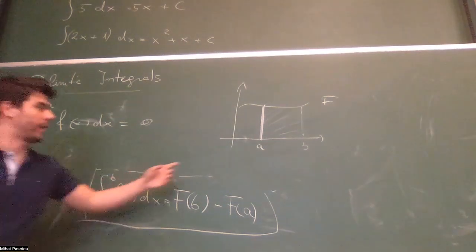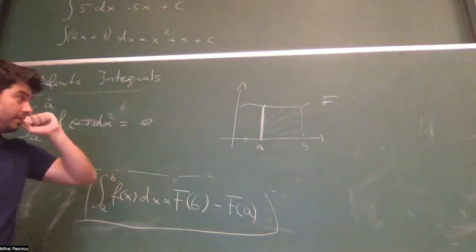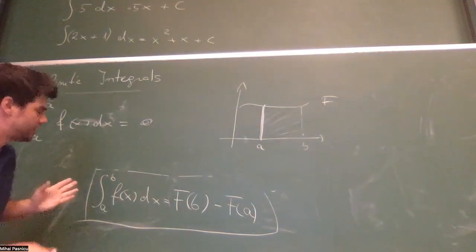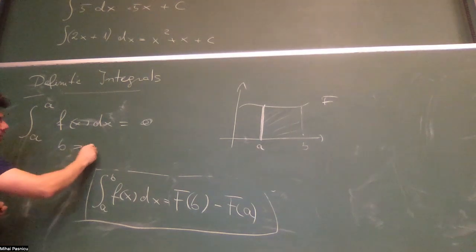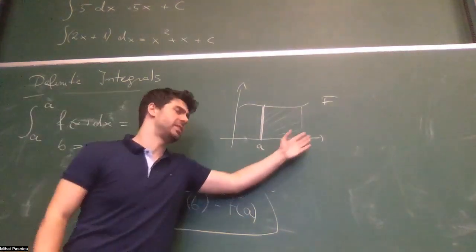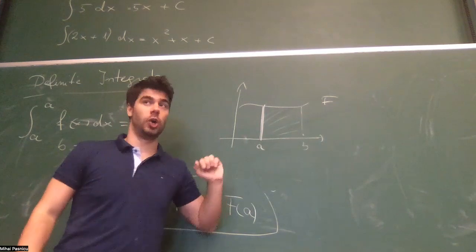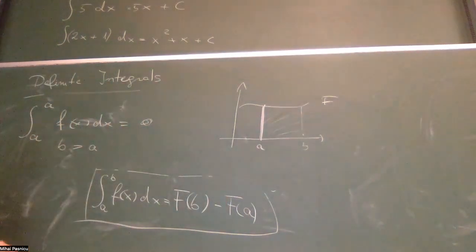Now, in this drawing and everything I've done up to this point, I've assumed that B is greater than A. I've put B on this side. So I'm asking you, would it be wrong to just write the integral from 1 to 0 of f of x?